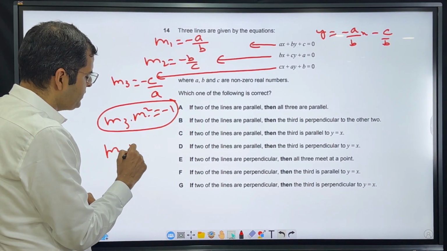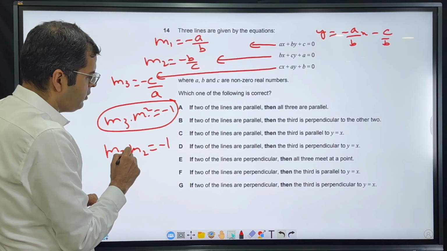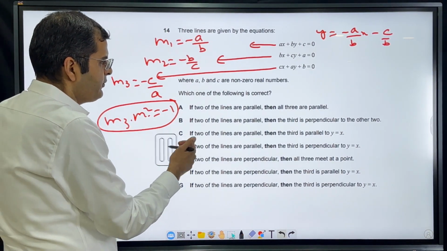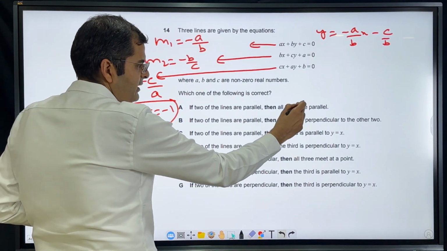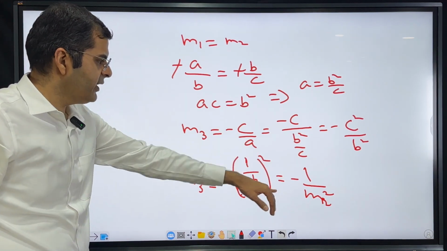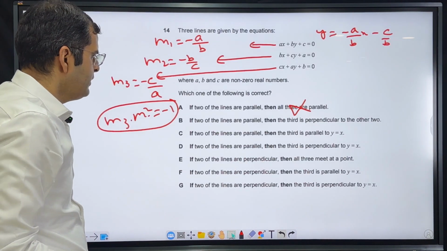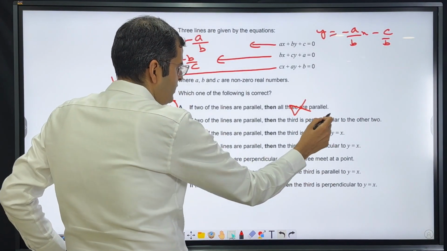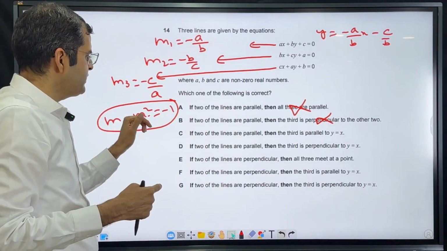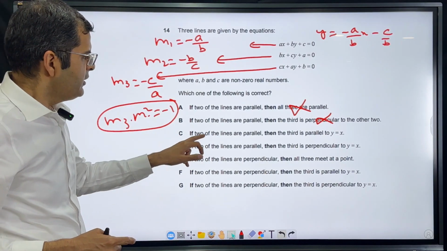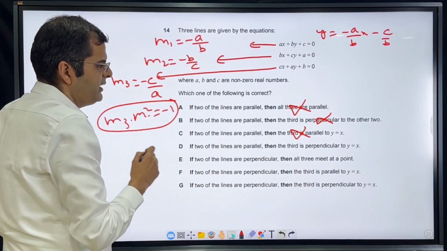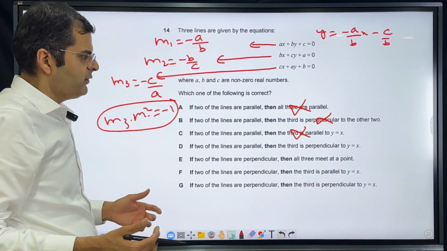Perpendicularity condition is m3 into m2 should be equal to minus 1, not m2 square. So that means if 2 lines are parallel, then the third line is parallel is incorrect, because slope of m3 comes out to be minus 1 upon m2 square. Then the third is perpendicular to other 2 is also incorrect, because m3 into m2 should be minus 1, not m3 into m2 square. If 2 lines are parallel, then third line is parallel to y equal to x. It's incorrect because the third line slope is not equal to 1.